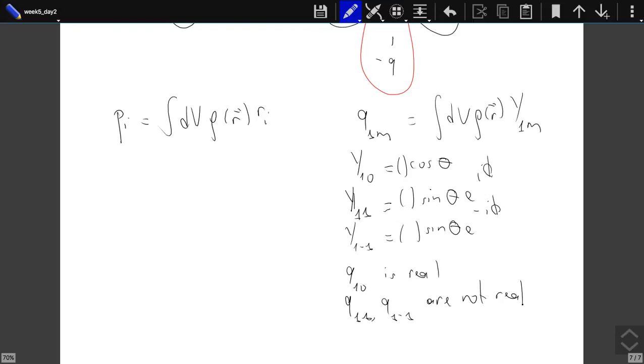It basically depends on your choice of basis. Which coordinates would you like to represent them in: spherical coordinates, Cartesian coordinates? They are, of course, related to each other. For example, p_3 is proportional to Q_10, and p_1 and p_2 are proportional to Q_11 plus or minus Q_1 minus 1.